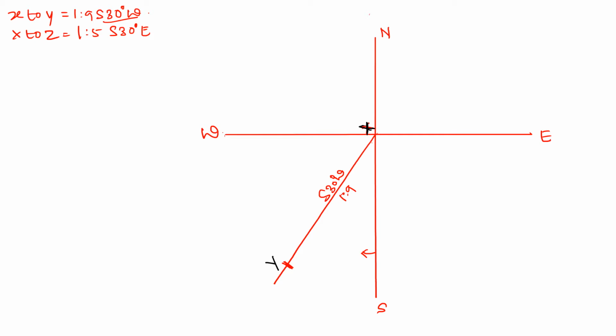This is my south 30 east and my 1:5 will come somewhere here. Same way I'll write down here south 30 east and 1:5. Okay, and name this as Z.